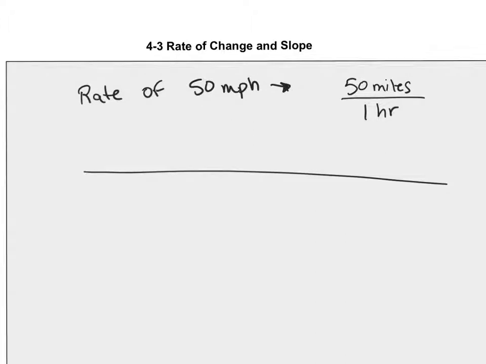the change in our speed, we could write it in a table of values such as this, where let's say that the distance traveled depends on the number of hours that you're driving.